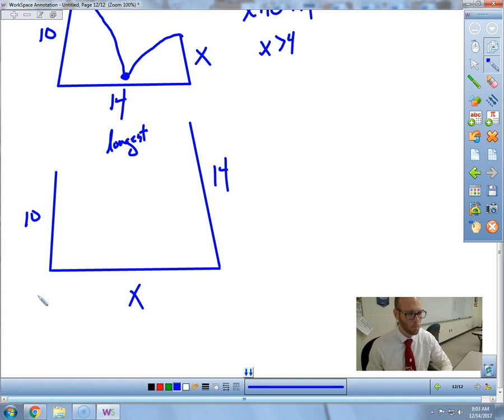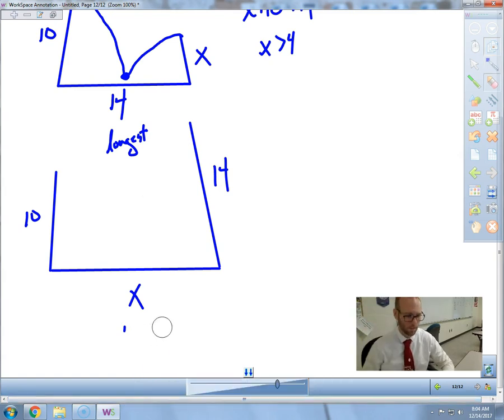How big does x have to be, or how small does x have to be to make a triangle here? If x was 100, would it make a triangle? Would the 10 and the 14 be able to meet? No. Okay, so there's an upper range here.